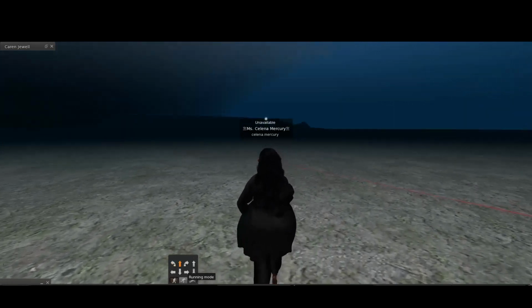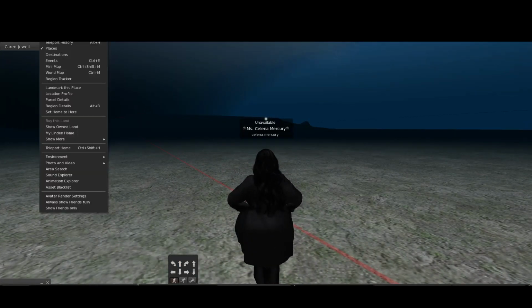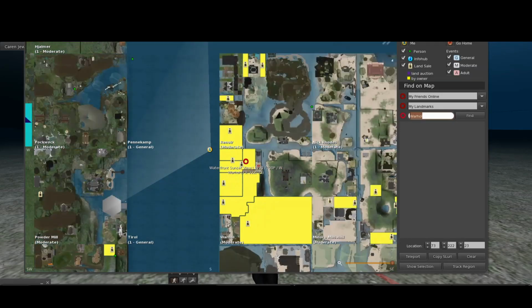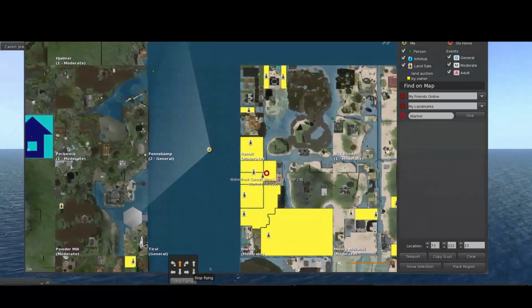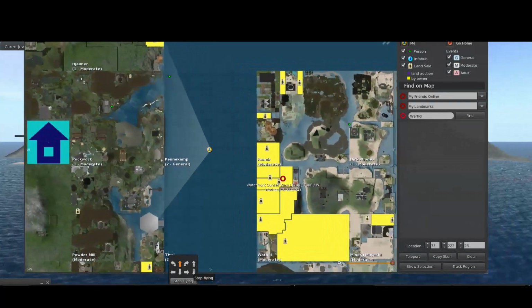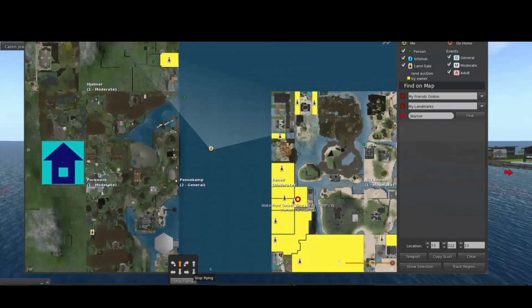Oh my goodness. And we can fly here, so let's do that. Oh wow. Okay, so what's incredibly amazing about this is that you can sail all of this textured water.